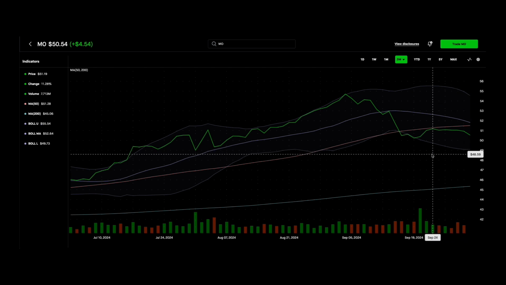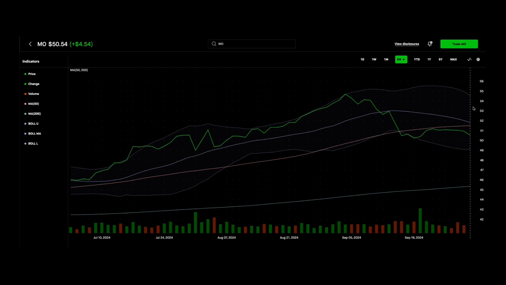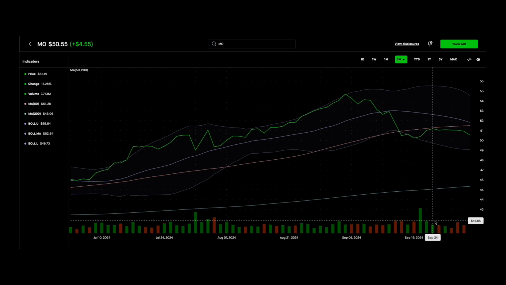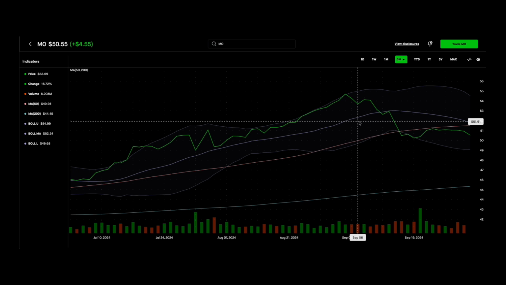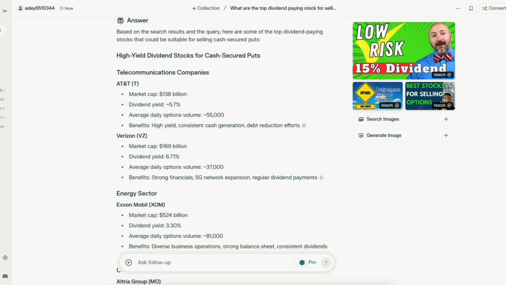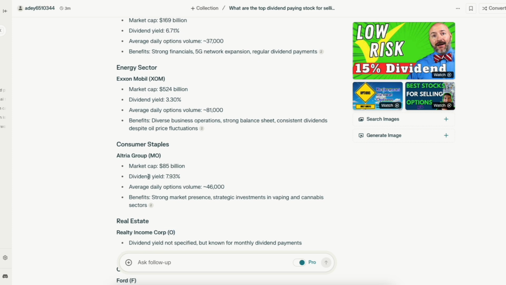You can do a quick look at their 50-day moving average and 200-day moving average, and see how that goes along with the overall Bollinger Band. And definitely do look at how the volume is doing. So combining all these factors, do keep in mind that this also gives you the range of the dividend yield that it provides, right?